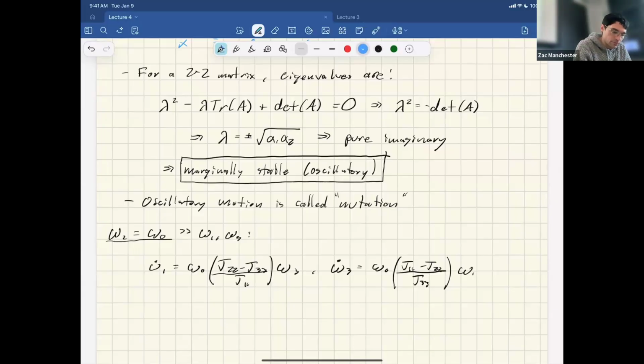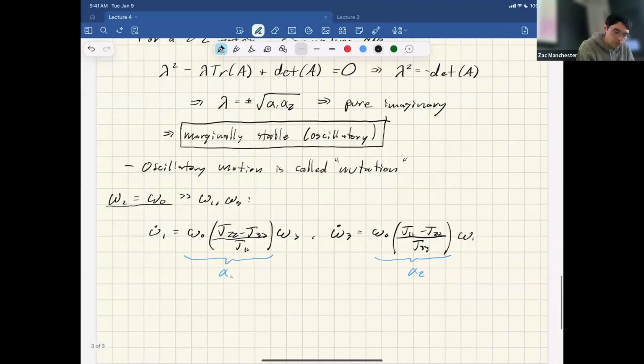We're going to do the same thing, alpha 1, alpha 2, and plug these in and check our eigenvalues. So here again, plus minus square root of alpha 1, alpha 2.